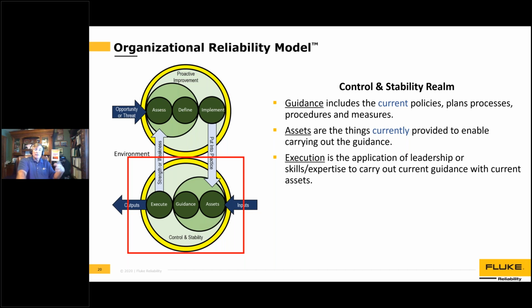Now, I'll say this, when you talk about current guidance and current assets, again, let's say you're a maintenance shop supervisor and you're supposed to have 10 direct reports in your shop, but because of attrition, people retired or left to take another position, whatever the reason might be, you went from 10 people in your shop down to 7 people.